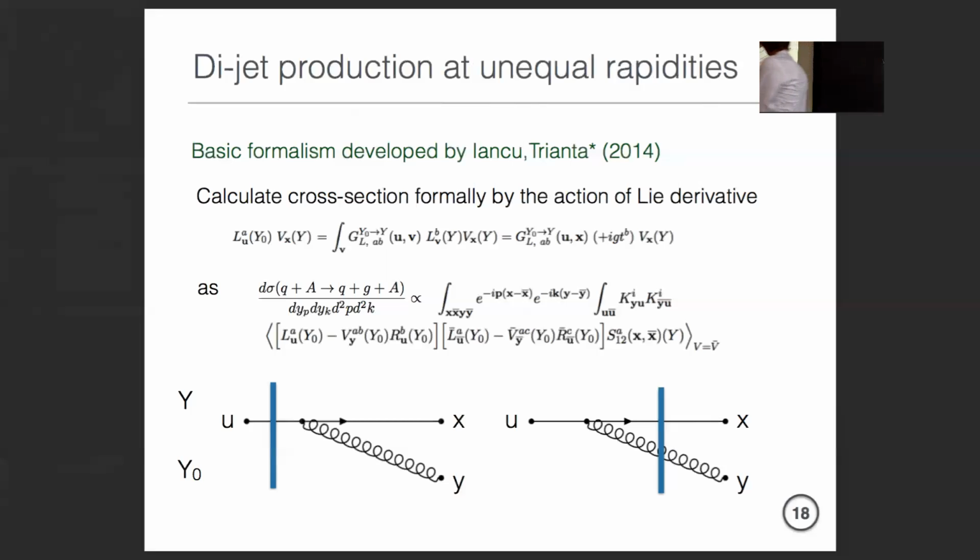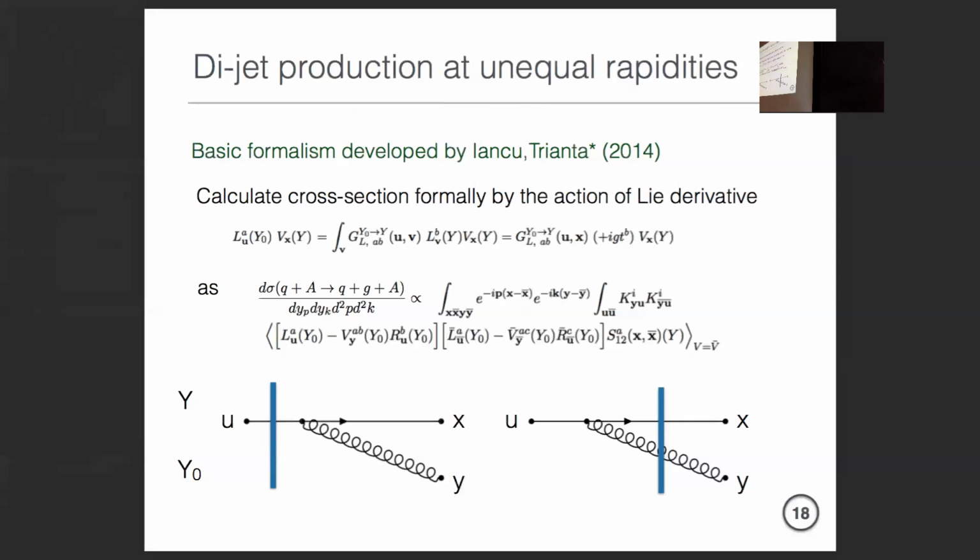Okay, good. This is interesting for a number of reasons, because the way we think about evolution is also a little bit different. Usually we build our cross section out of these Wilson lines, but now we have additional objects appearing. The way I've written this, the Lie derivative acting after some rapidity separation is the same as the Lie derivative acting without separation times a propagator.